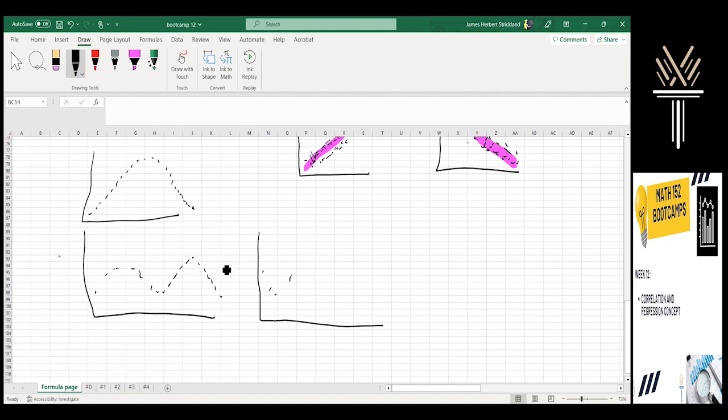It's just pure randomness in every direction. So the rainbow implies non-linear because you can't draw a straight line and hit your dots. You have to draw a curved line. The wave is also non-linear for the same reason. You have to draw a curved line to hit most of the dots. And this one is just pure random. We call it no relationship.